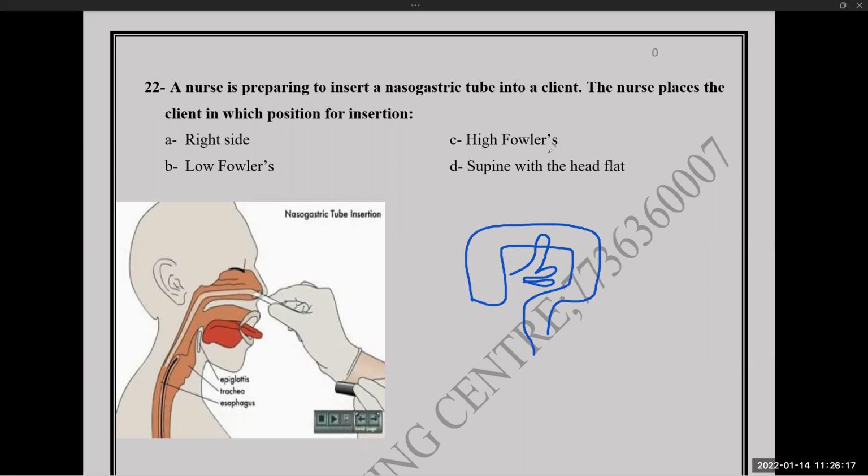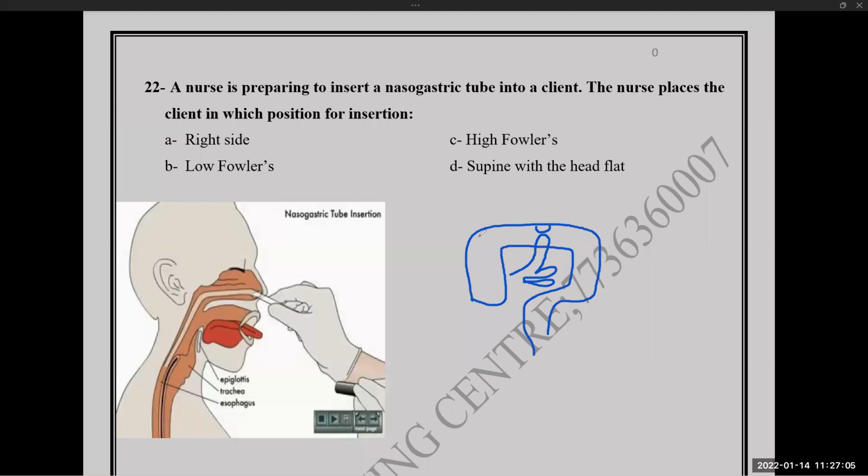Please look at the picture. There is intestinal obstruction happening here, and it increases the pressure of the intestine. See, in intussusception, what happens?